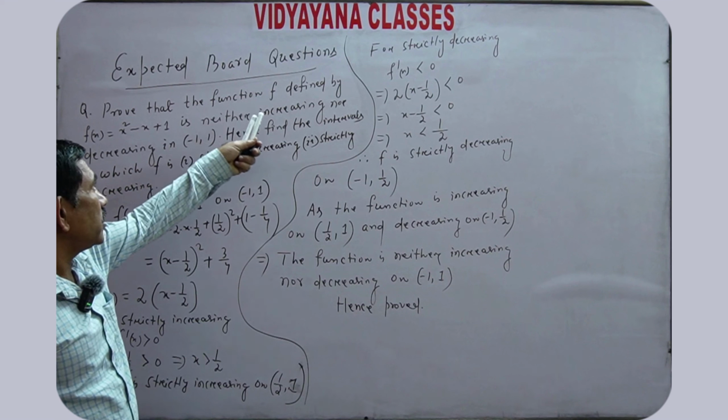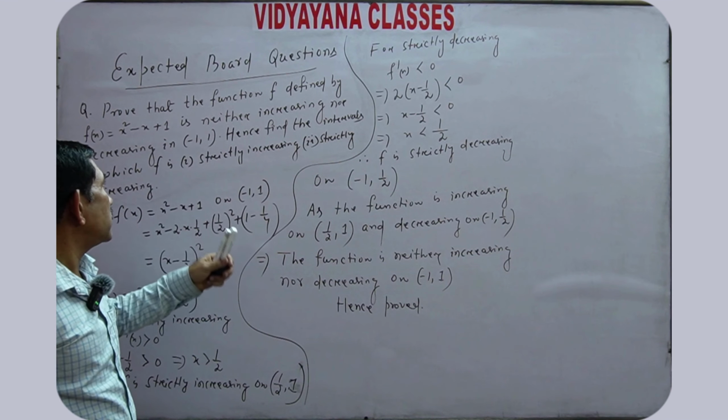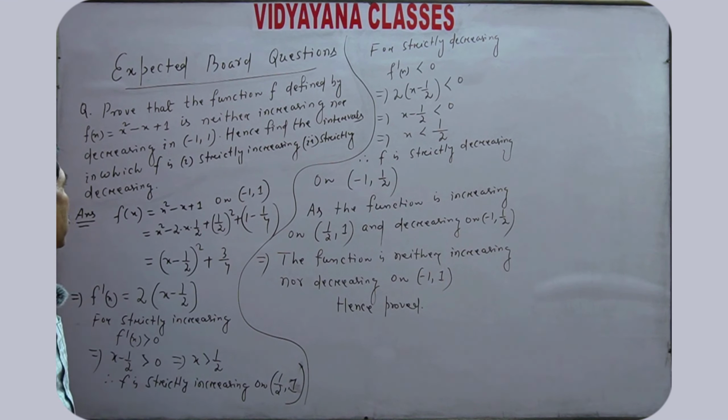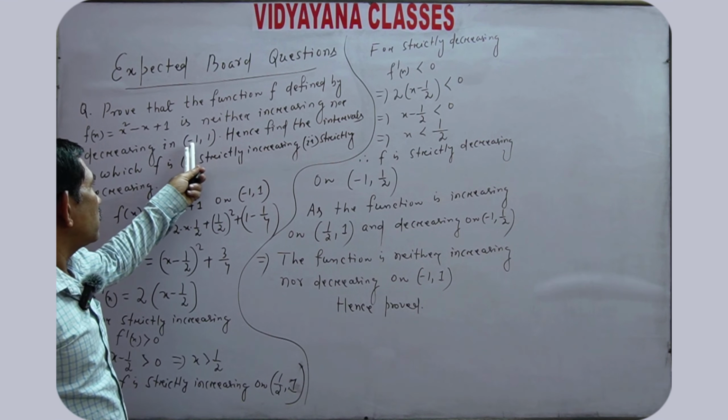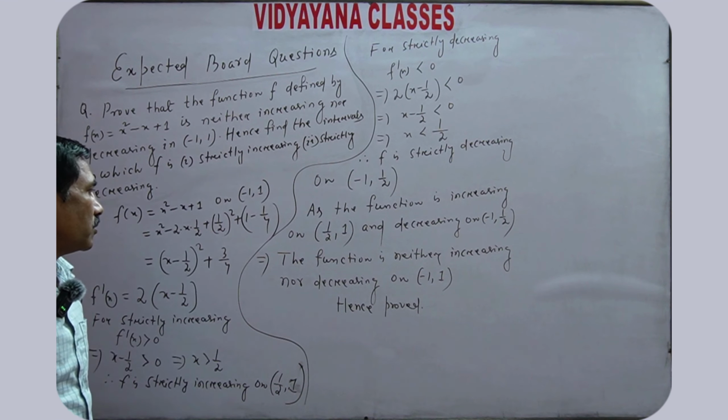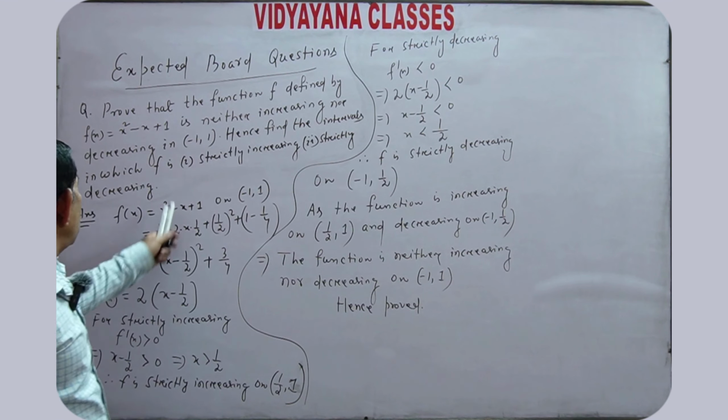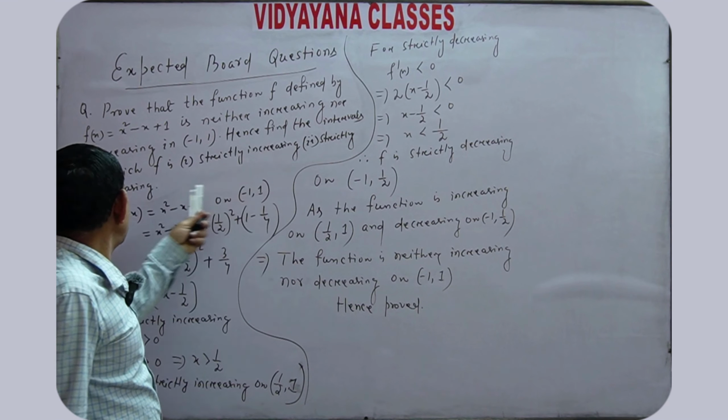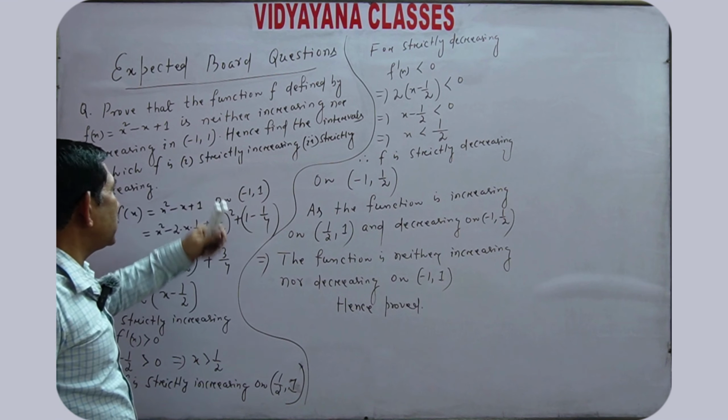Prove that the function f defined by this is neither increasing nor decreasing in (−1, +1). Hence, find the interval in which f is strictly increasing.